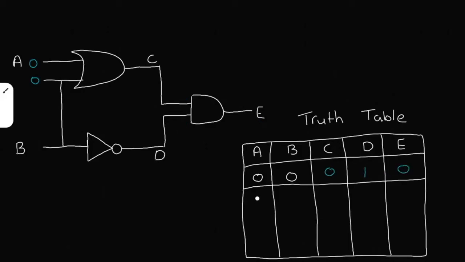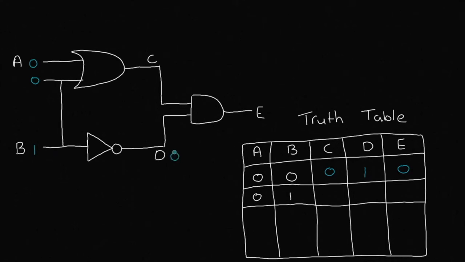So I'm going to move on to another example. Let's say this time our input for A will be 0 and our input for B will be 1. So we put 0 down for A and we put 1 down for B. Now again, I'm going to switch to a different color pen just for readability. So the same as last time, we've got A as 0 and our B value is 1 this time. So when we pass this through the NOT gate, we'll see when we flip 1, it becomes a 0.